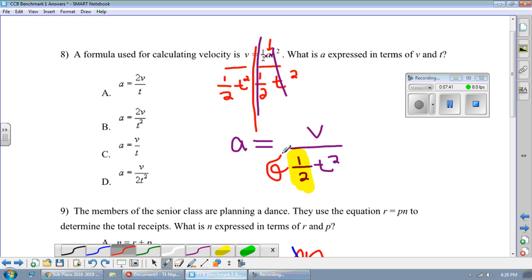It does a little flippy thing when it moves up, becomes the reciprocal. A 1/2, when it flips over, becomes just a 2. 2 over 1, but the over 1 we're not going to put. So the 1/2 goes up to the numerator as a 2, and now we can see our answer. Letter B.